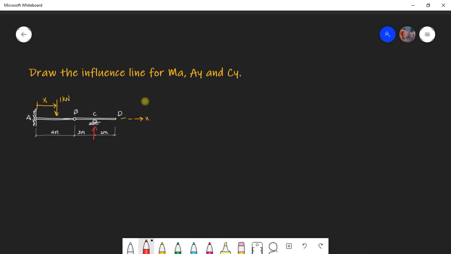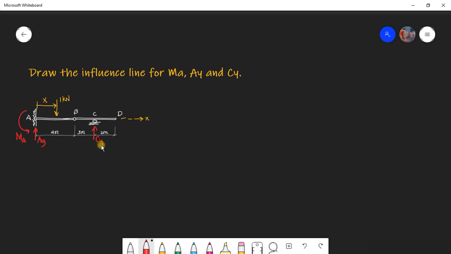Let's say this is CY, and this is MA. Choose from these which one to start with. It's obvious that we can start with CY, because the value of AY will depend on the value of CY. So the first one is really CY.